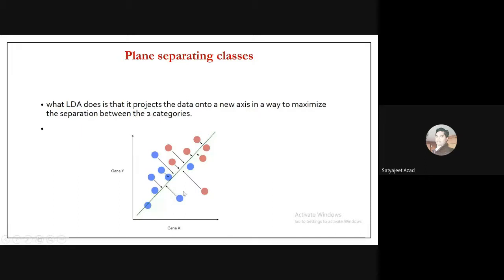They draw this line of best fit and try to measure how far the points are from this line. Then they rotate this axis.